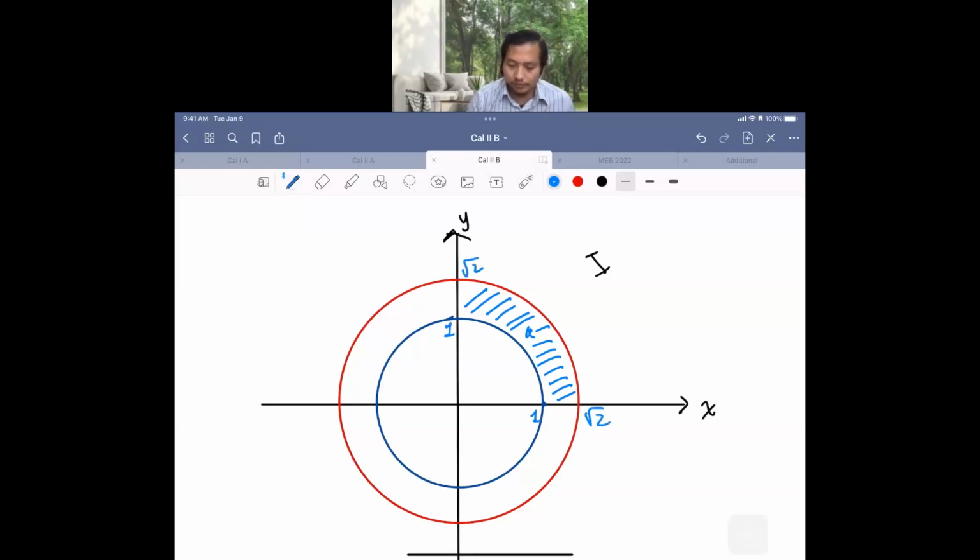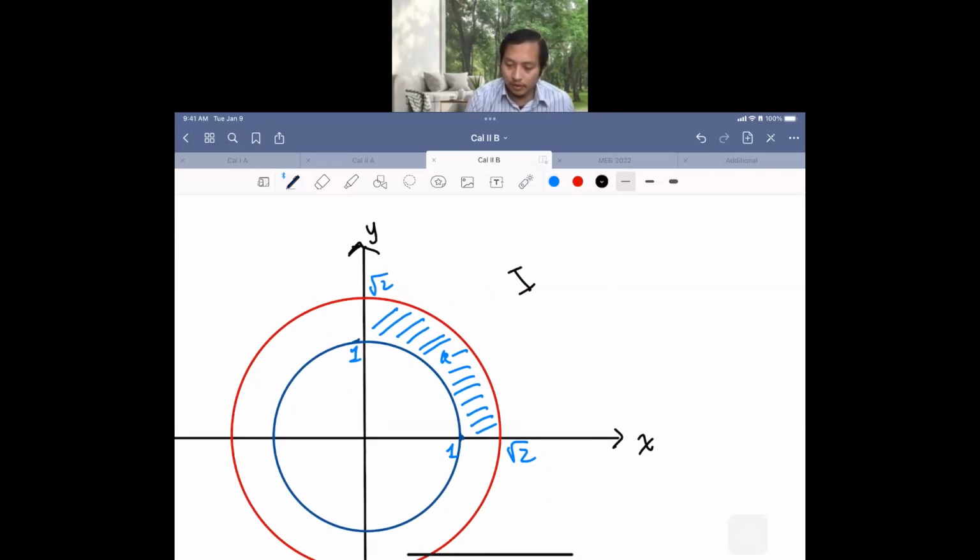This is square root of 2. So our first circle has radius 1, and the second circle has x squared plus y squared equal 2.